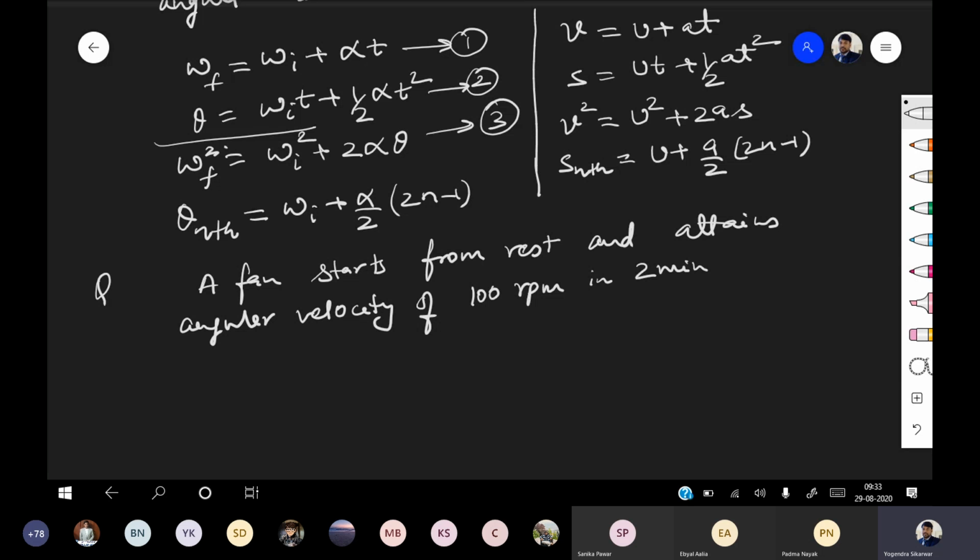RPM stands for rounds per minute. That means 100 turns per minute. Round means turn. Rotations, rounds, it's the same thing. Find alpha and angular displacement. Please find, everyone.